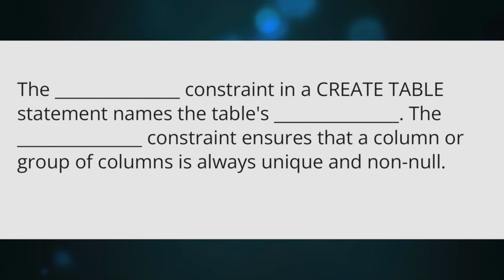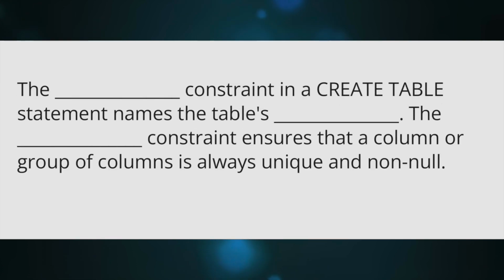What a constraint is, if you remember, is something that stops. It puts a hold on it. So in a create table, the statement names the table's primary key. If you've seen this before, you'll see it name the primary key. It's the primary key constraint.